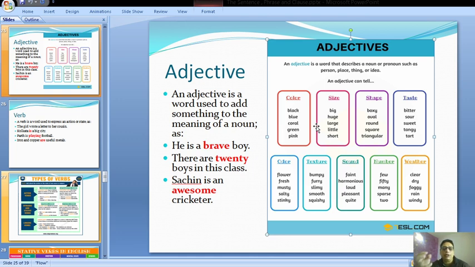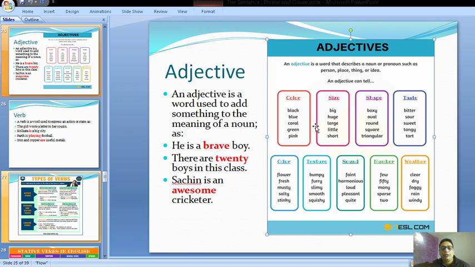So whatever adds value to the noun is an adjective. For example, he is a brave boy. Boy is a noun. What type of boy is he? Brave. So whatever qualities we are talking about, we learned that yesterday, remember? He is a brave boy. So brave describes the quality of the boy. So brave becomes an adjective.